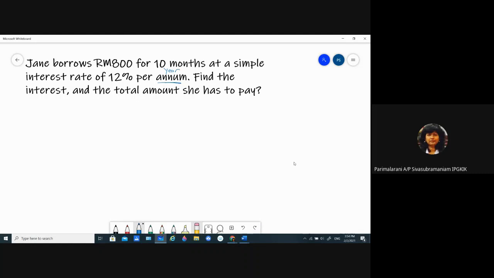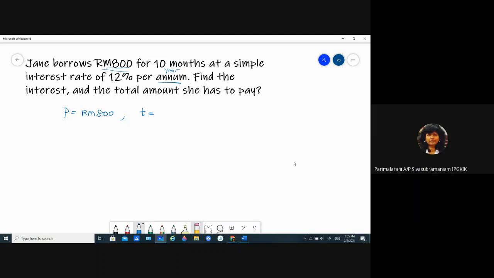Okay, they ask. So what is given here? What is this amount here? 800. P. Yes, so P is the principal amount. This is the amount that you are borrowing from the bank. You are borrowing it for 10 months. So what does this represent? So your T is, yes, but in our formula T is in years. So this is in months.